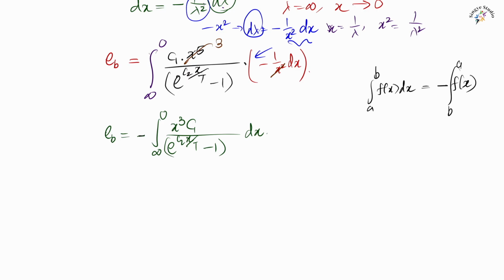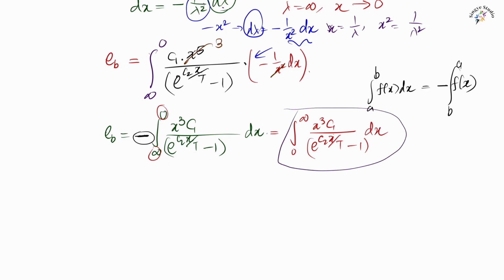So when I shift this, I will cancel this minus by flipping the limits, and then I will write 0 to infinity once again, x cubed c1 upon e raised to c2 x upon t minus 1 dx.